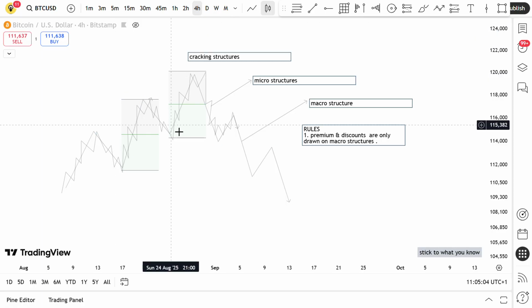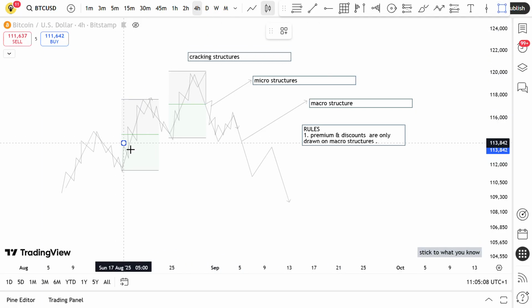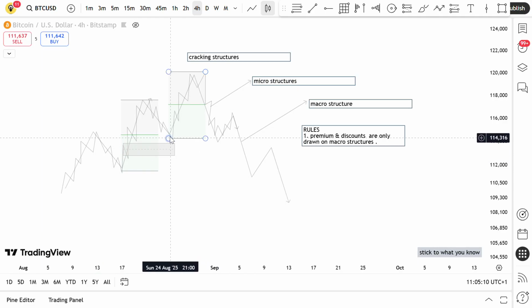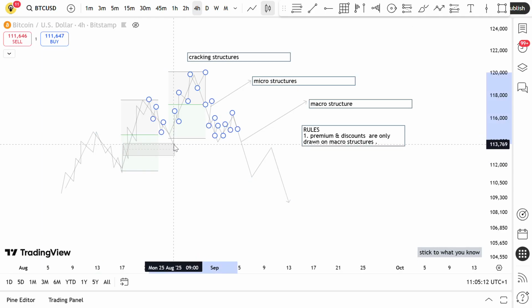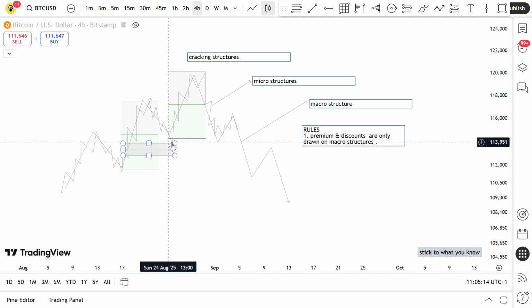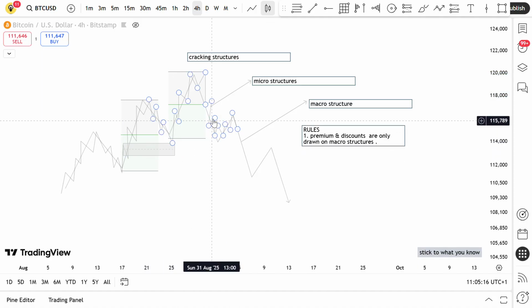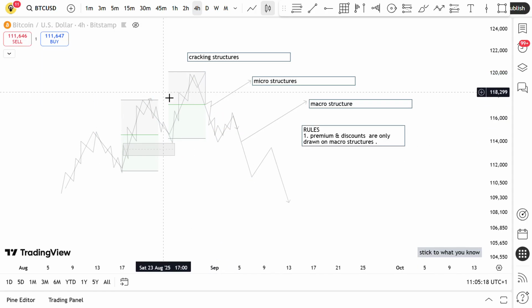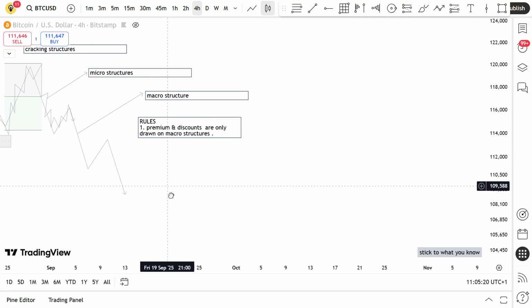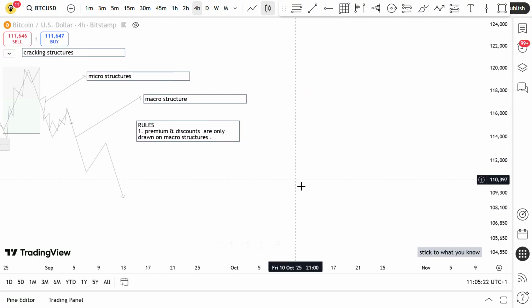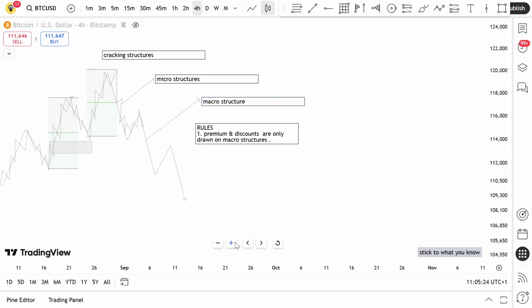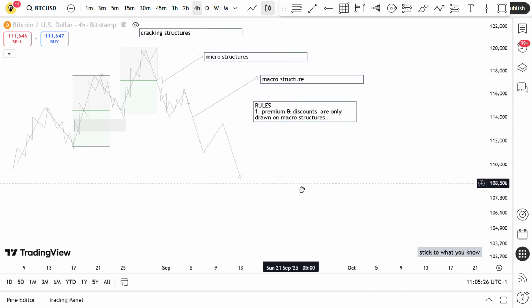This is where swing setups are formed. When price maybe hits something here, you can buy up, and you know you are buying up to externals. So the first rule is that premium and discounts are only drawn on macro structure.